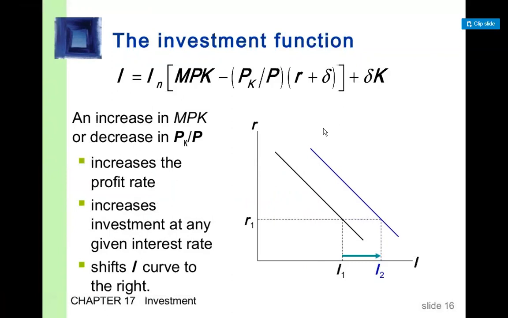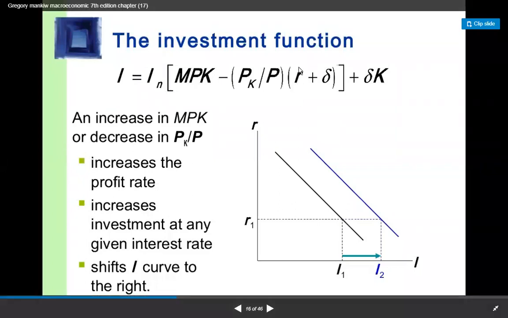Now come here. The same investment function is given here. If interest rate changes, we find movement along the investment curve from point A to B. But if relative price or marginal product of capital of the production firm changes, then the investment curve shifts upward or downward.